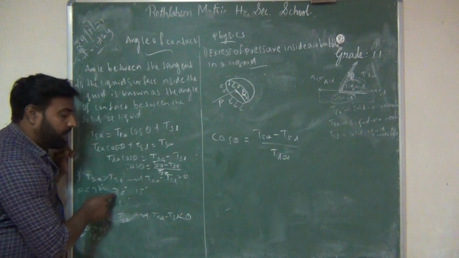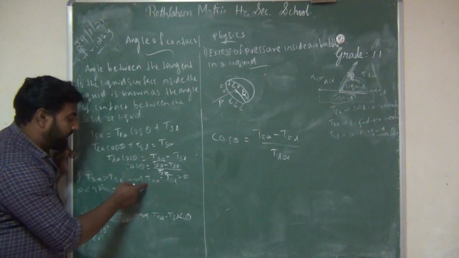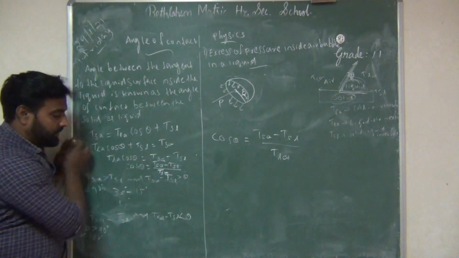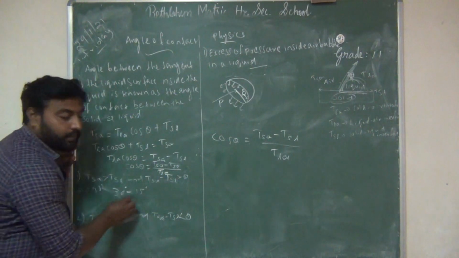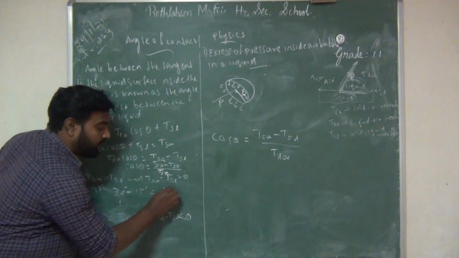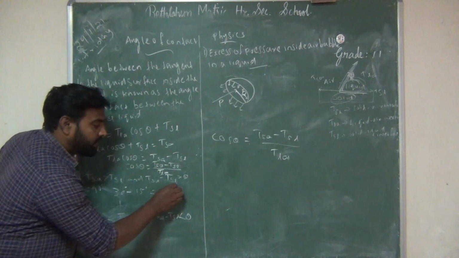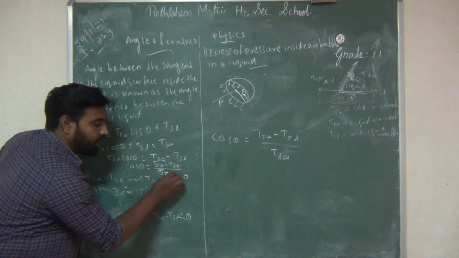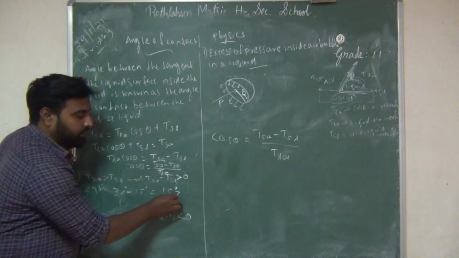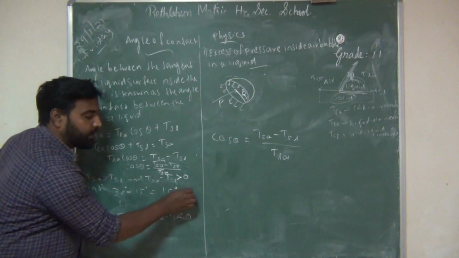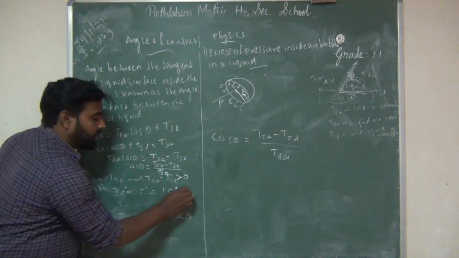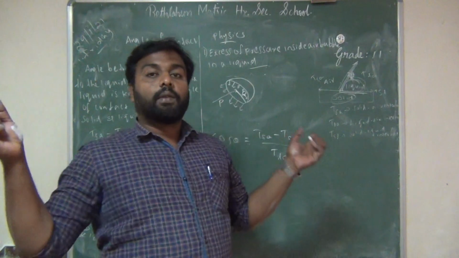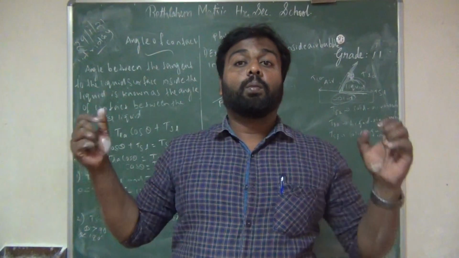Now when we substitute, TSA means 30 minus TSL, 30 minus 15 is equal to 15 degrees. It is greater than 0. So we will get the theta value positive.